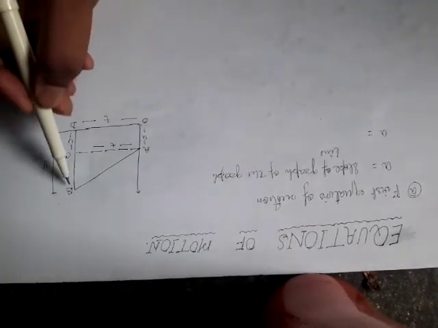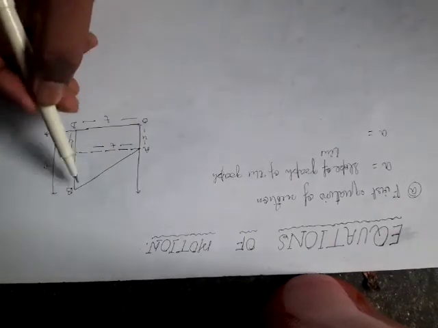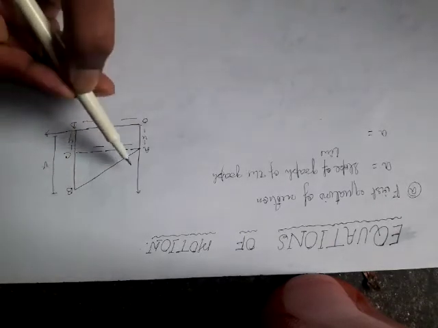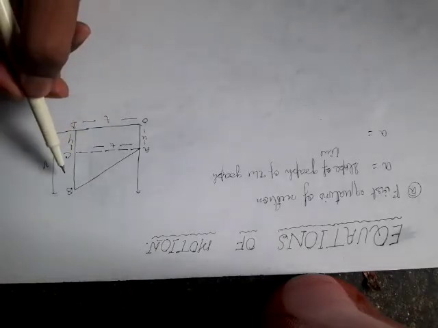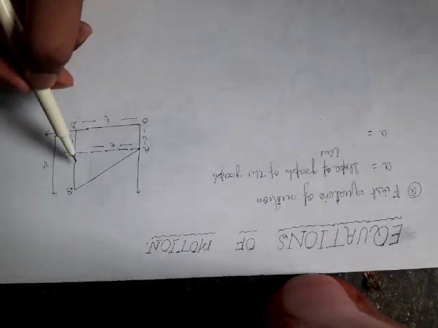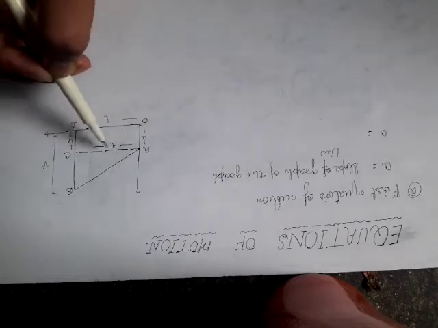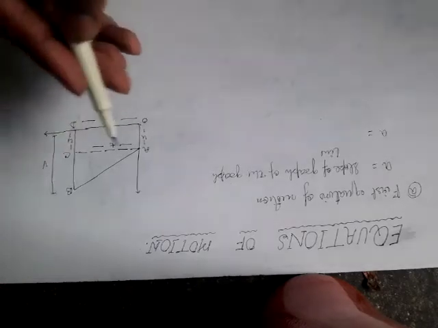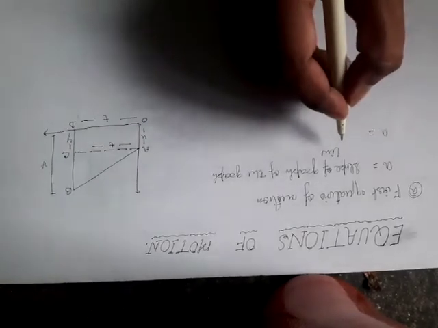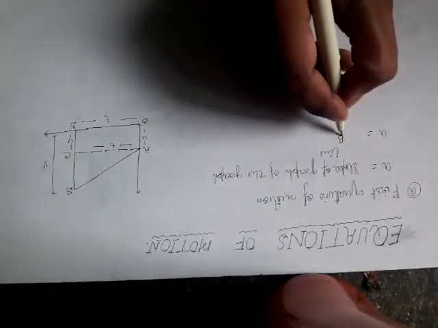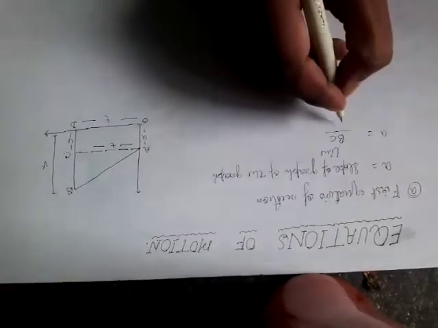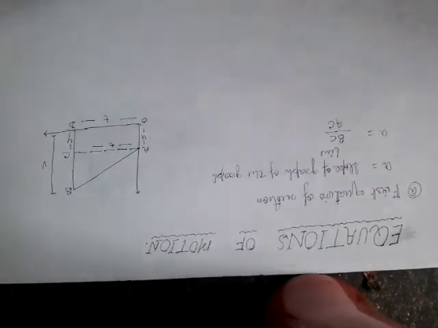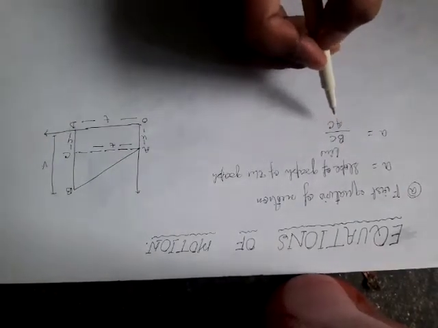If you are considering the y axis and x axis respectively, the slope will be the y axis component divided by the x axis component. So acceleration will be equal to BC upon AC. This will be the slope, BC upon AC.